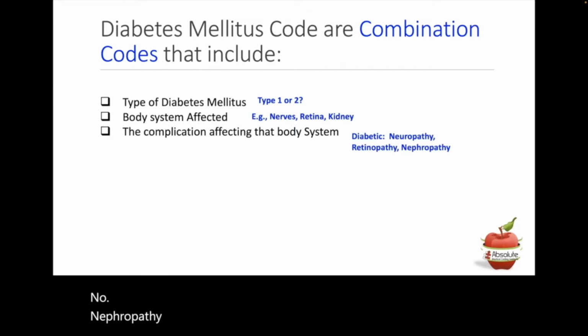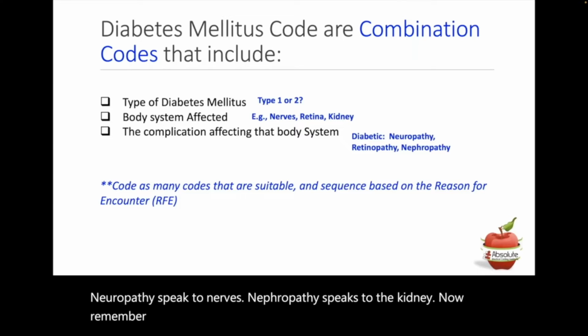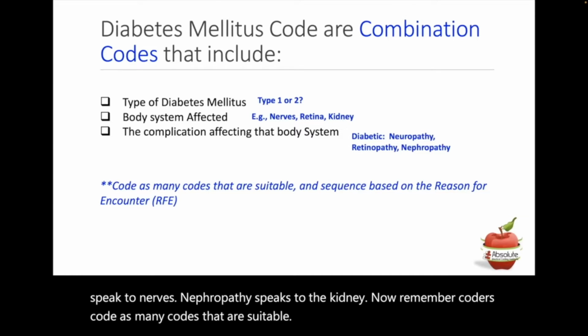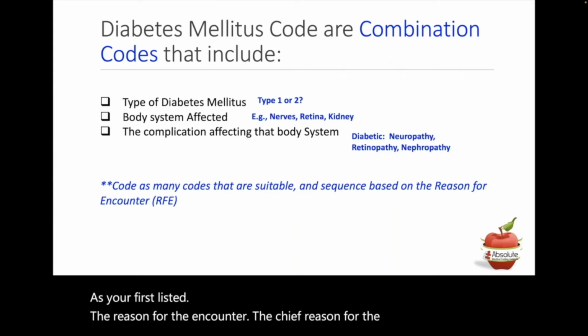Woo, I always confuse neuropathy and nephropathy. Neuropathy speaks to nerves. Nephropathy speaks to the kidney. Now remember, coders, code as many codes as are suitable for your documentation and sequence as first listed the chief reason for the encounter.